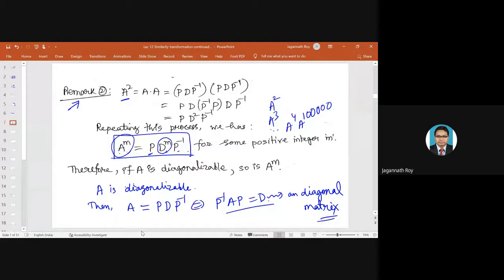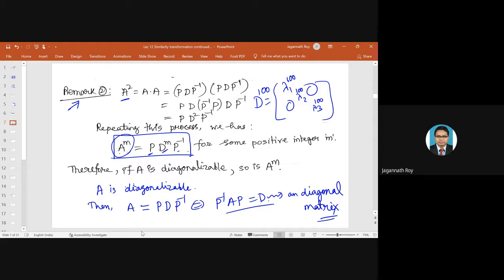We just have to compute this diagonal matrix, because for a diagonal matrix with lambda 1, lambda 2, and lambda 3, whatever the power you put here, you can directly put it on each entry. So this is the beauty of diagonalizable matrices.